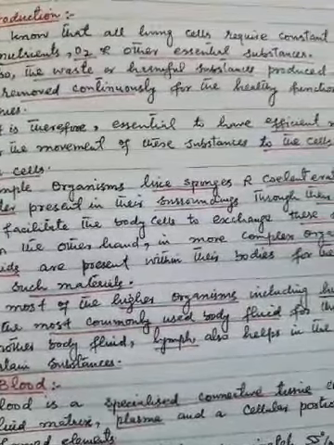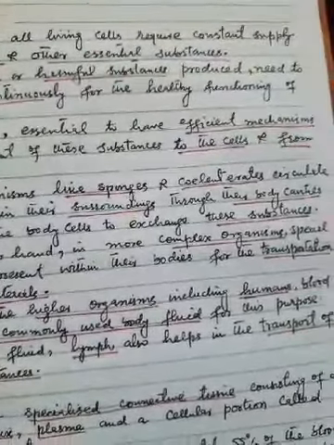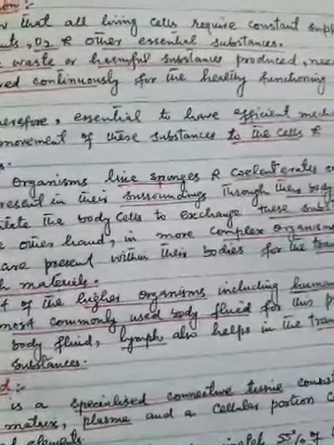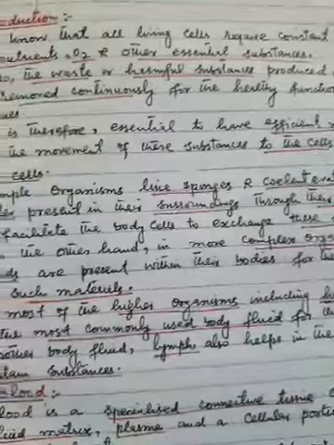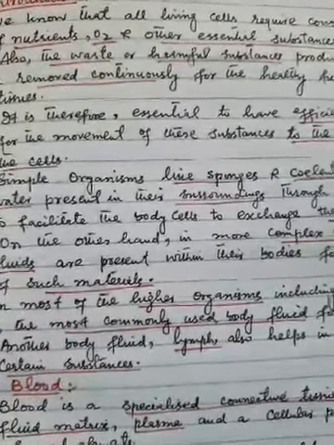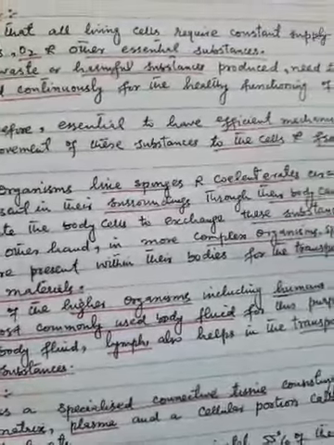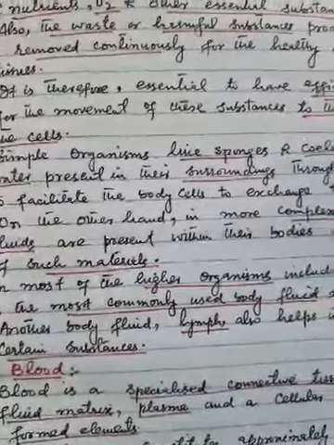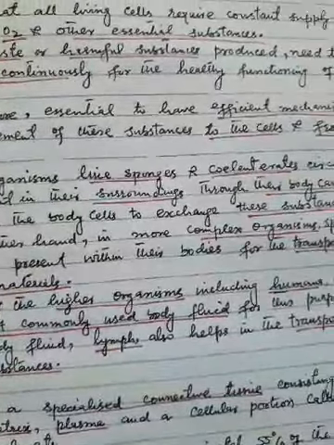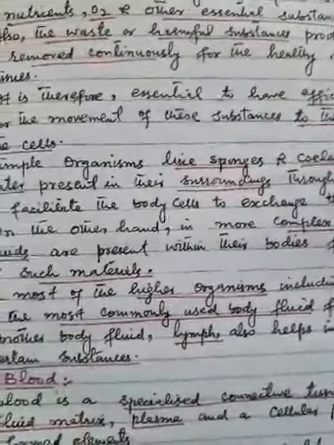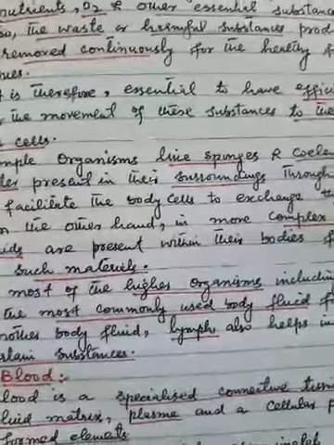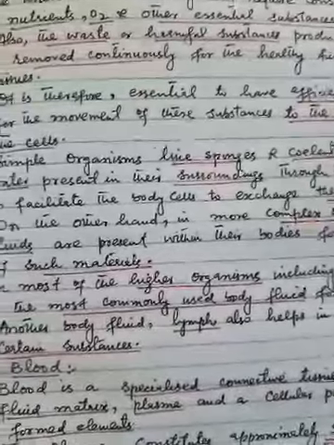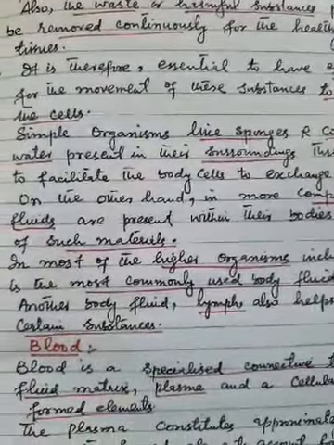Simple organisms like sponges and ciliates circulate water present in their surroundings through their body cavities to facilitate the body cells to exchange these substances. On the other hand, in more complex organisms, special fluids are present within their bodies for the transportation of such materials.